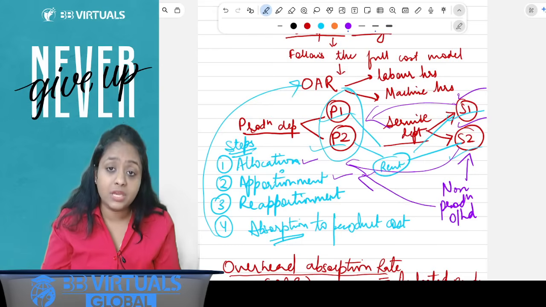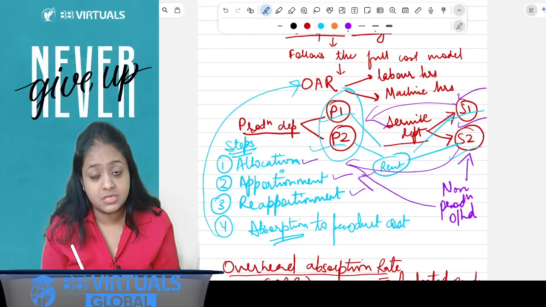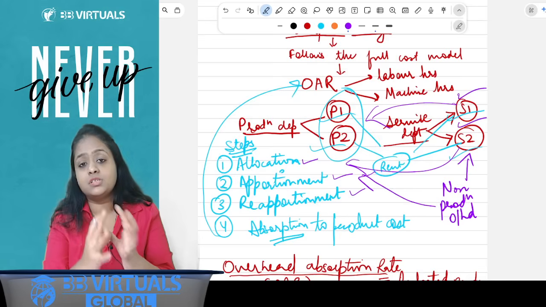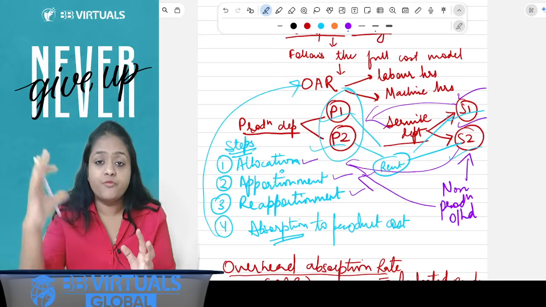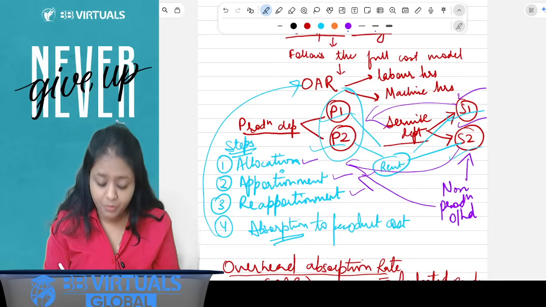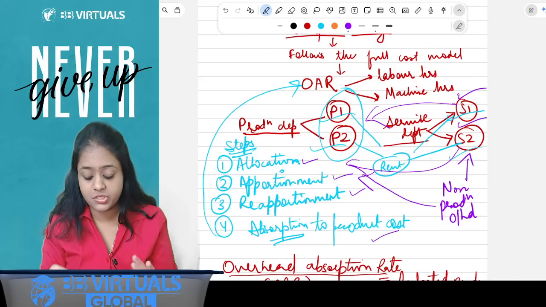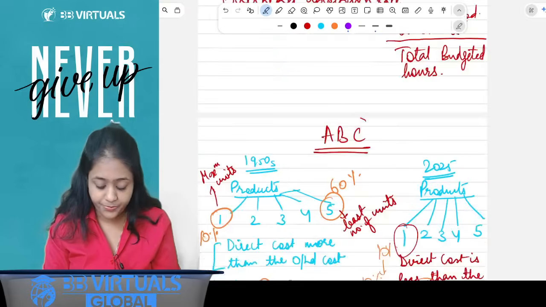Hence, we need to reapportion the service department overheads to the production departments, so that cumulatively all costs come in production departments, from where we allocate the cost to the different products, and then we absorb these costs to the product cost. So this is the system that we follow.